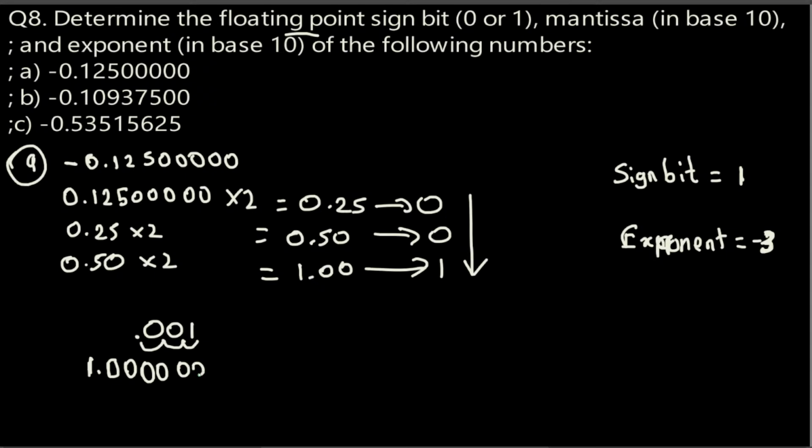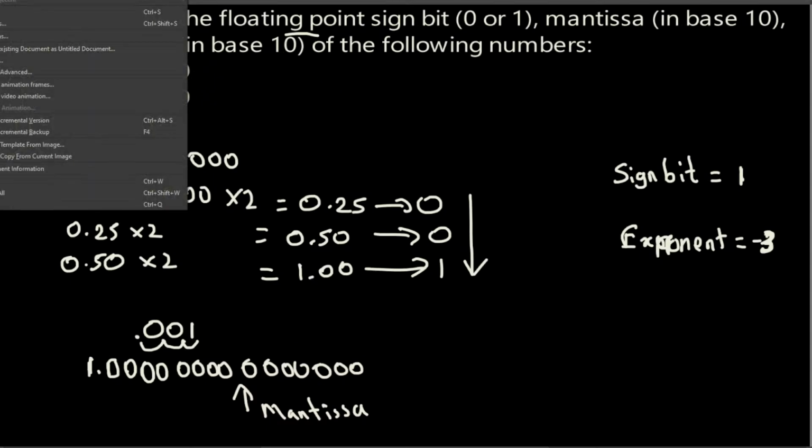So 0 0 0 0 0 0 0 0 and 0 0 0. Now 4, 8, 12, 15 zeros and a 1. Totally we have 16 digits, and this is our mantissa. Okay. Sign bit is 1, exponent is -3, mantissa is this number. That is for the A part.